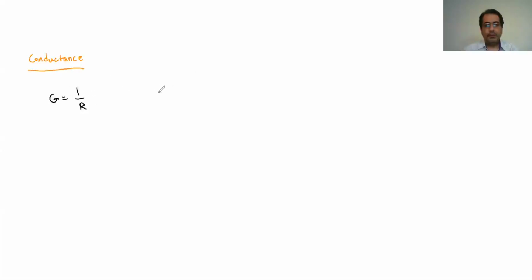So if you have V equals IR and you rearrange it, I is 1 over R times V, so you can say that I is G times V. We actually don't use it, but if you hear the name somewhere, just know what it is.